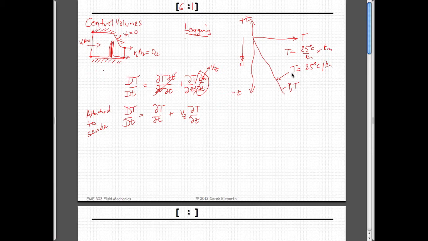And so what we need to do is figure out exactly what this dT/dz is. We can just divide both sides through by kilometers. That's the change in temperature with depth, which is going to be equal to the same units as this.